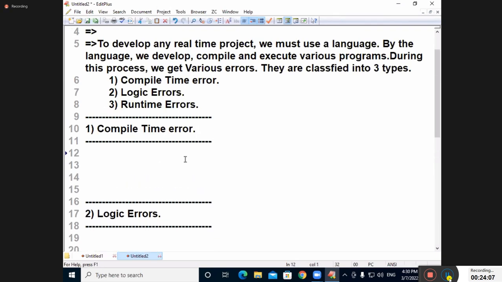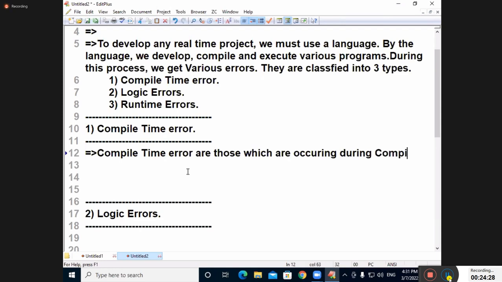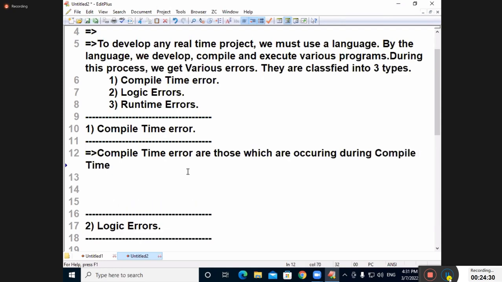Very, very simple, students. Look at that. Compile time errors are those which occur during what time? Compile time. Sir, what is compile time?